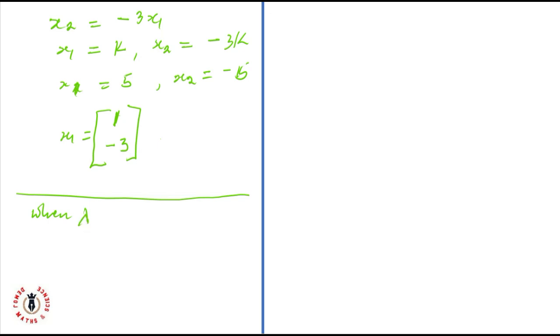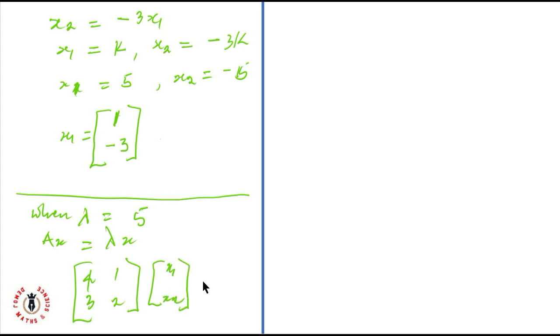When lambda is equal to 5, once again, remember we said Ax is equal to lambda x, so that my A obviously is my matrix, times x1, x2, equal to my lambda, which here is 5, times x1, x2.